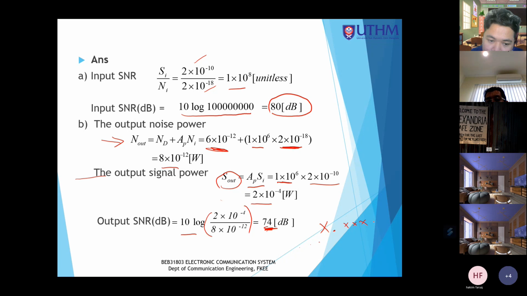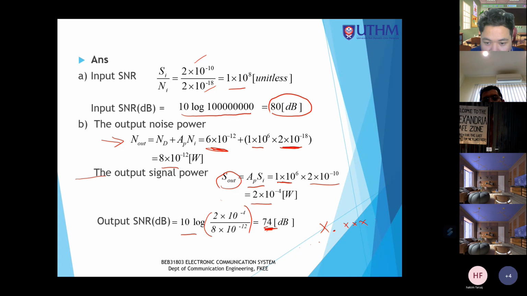Ataupun 4 titik perpuluhan pun bagus. Okay, jangan hanya satu value saja tanpa titik perpuluhan. Okay, so maknanya jawapan dalam nota ni dia simplified untuk memudahkan pelajar faham. Sebenarnya dia ada perpuluhan. Boleh cuba.